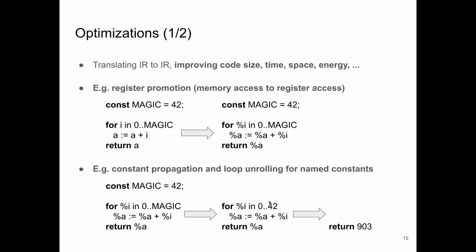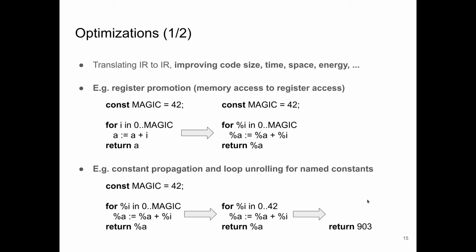And afterwards, we can just shrink all the computations into just one instruction. We can replace the result of this summation with 903 that we already computed in the compilation phase. Instead of executing this for loop at runtime, we can execute this loop at compile time and replace this value of A with 903.